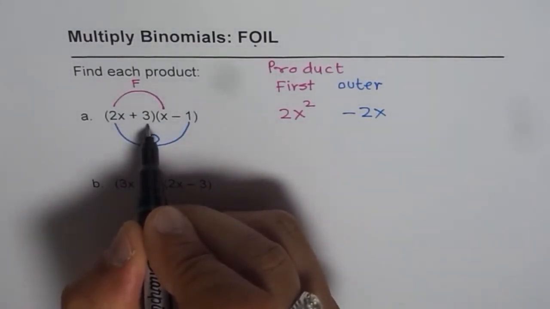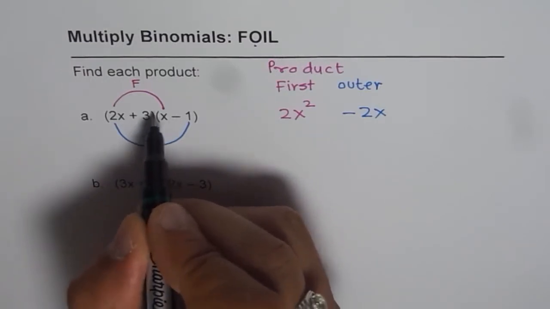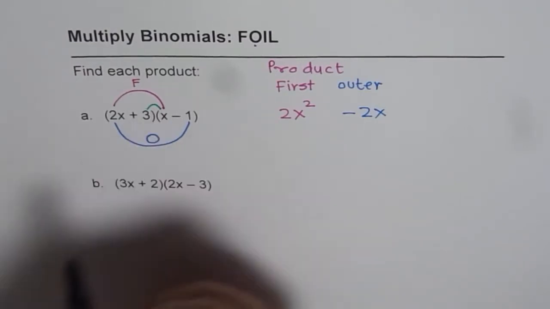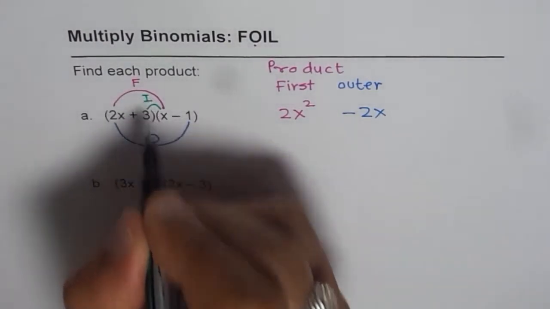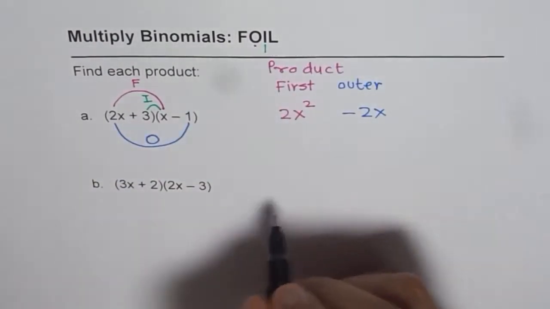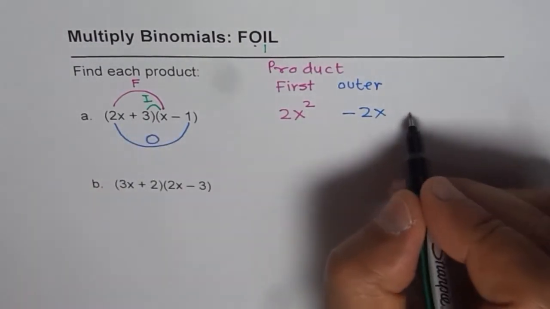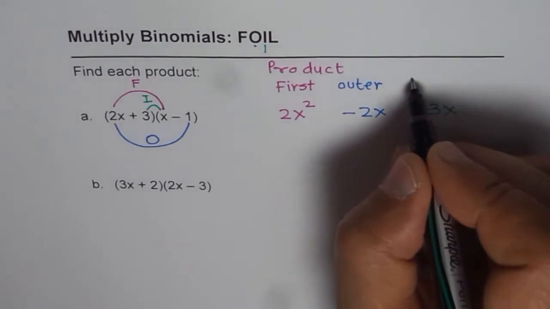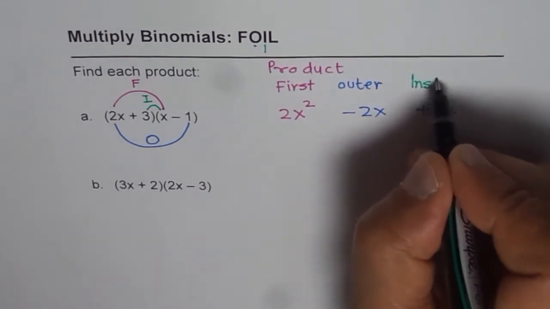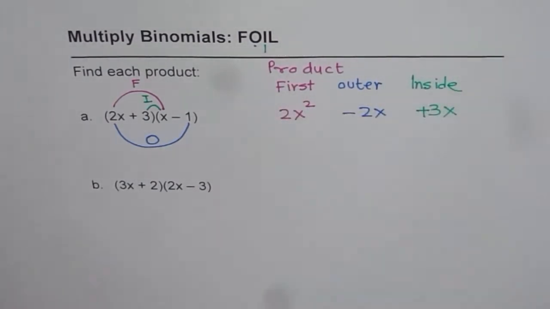With 3, when you multiply the inside terms, it is 3 times x. So that is I, inside terms. So we have plus 3x, and that means the product of inside terms.